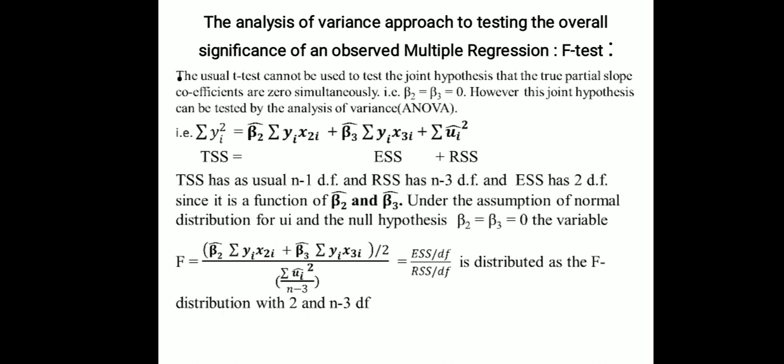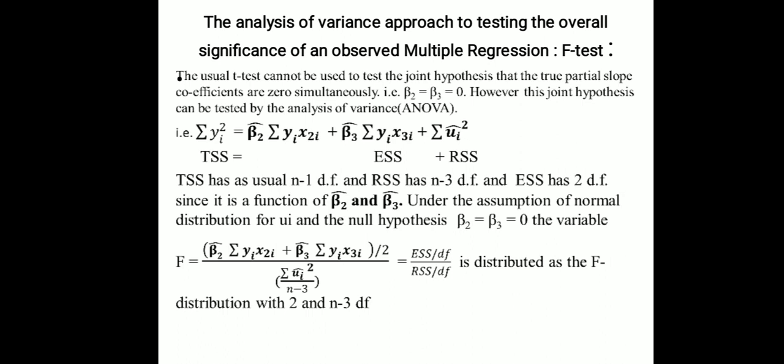The actual procedure is like this. That is called ANOVA, which means analysis of variance. TSS equals summation yi squared, and this is the explained sum of squares: beta 2 cap times sum of yi x2i plus beta 3 cap times sum of yi x3i.